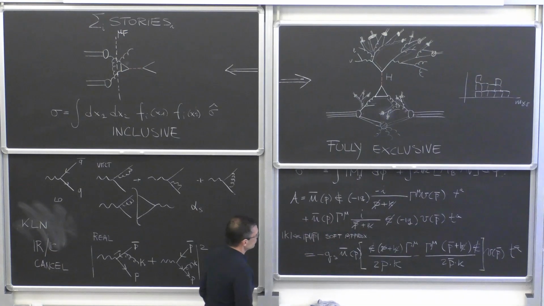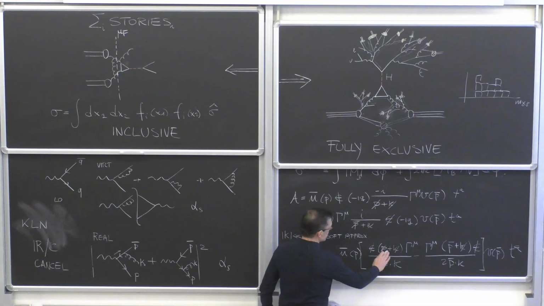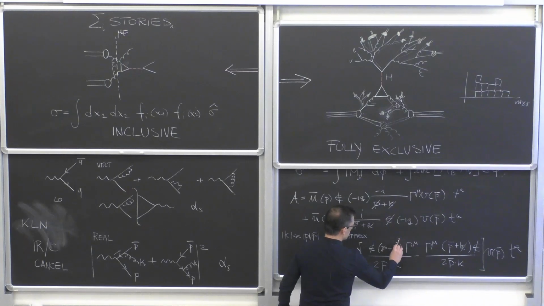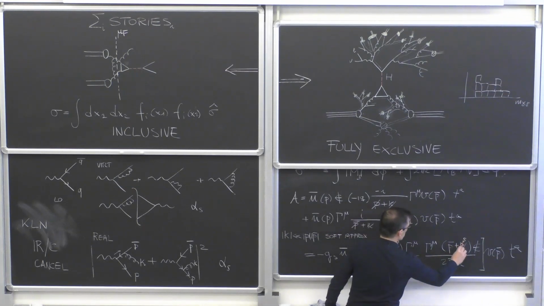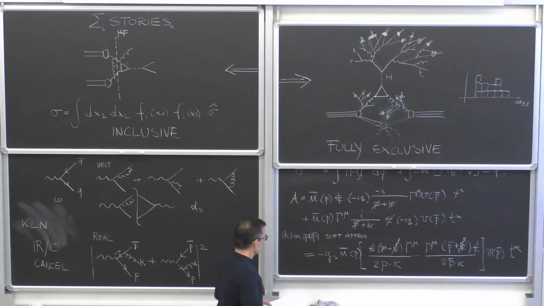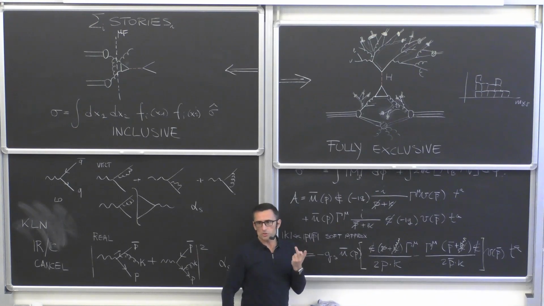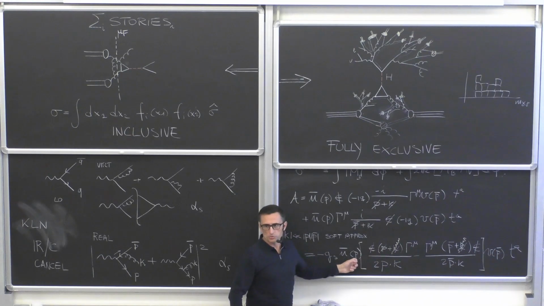Now I neglect kappa in the numerators because kappa is much smaller than P. I neglect these terms, and then I use the Dirac equation. Notice that the P slash of this spinor is after epsilon slash, so I have to change the order of epsilon slash and P slash to hit P slash with u and cancel it.